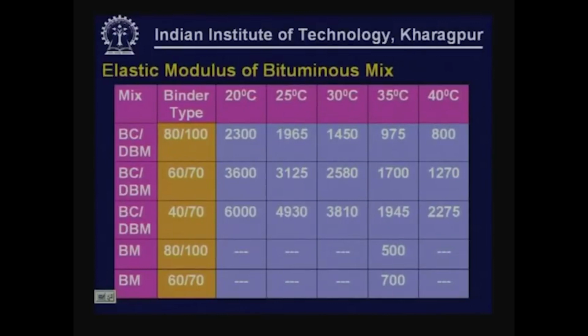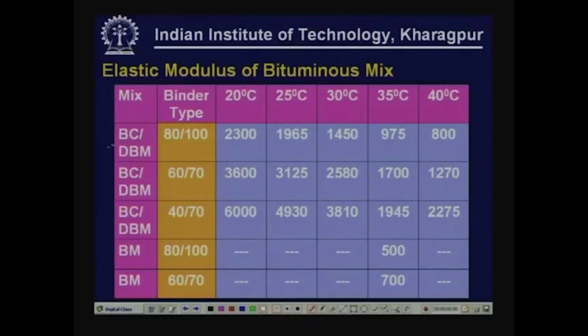Here representative values or typical values as recommended by Indian Roads Congress IRC 37 are given for different types of mixes: bituminous concrete or dense bituminous macadam or bituminous macadam. There are three types of mixes considered here for different types of binders: 80-100, 60-70.